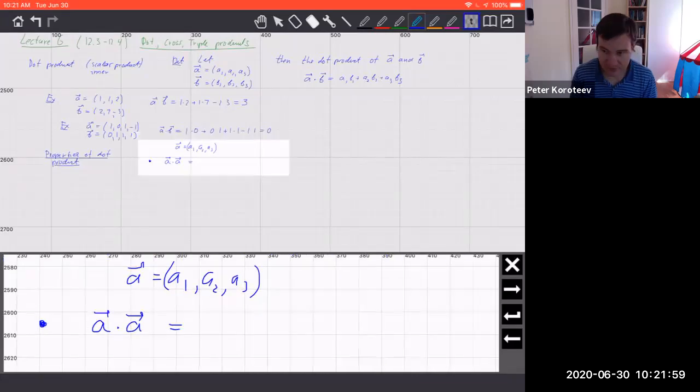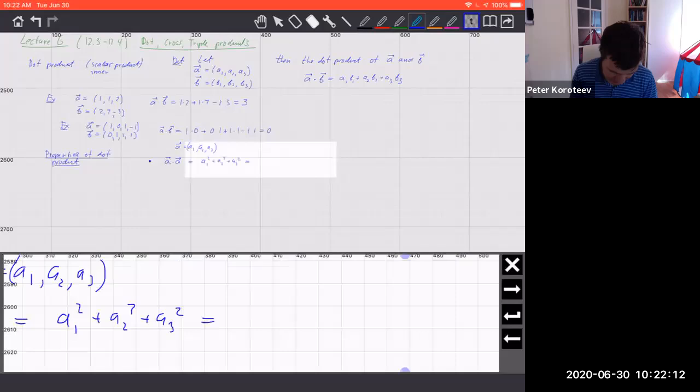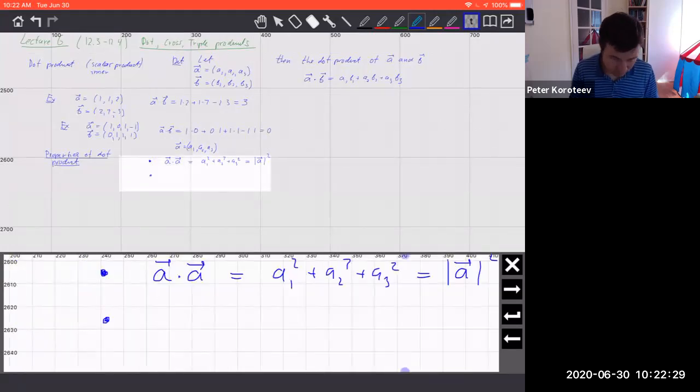Let's say we live in 3 dimensions. By definition, it is A1 squared plus A2 squared plus A3 squared, which, as we know, is the length of the vector A squared, so it's the absolute value of A squared. So it's a convenient way to represent the absolute value of a vector: just taking the dot product with itself.